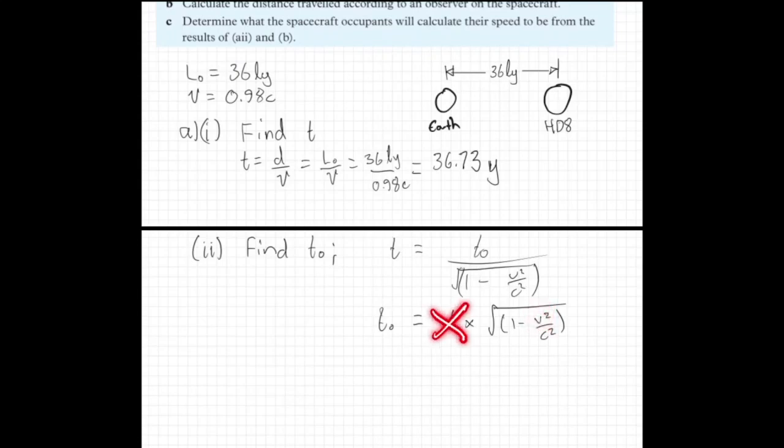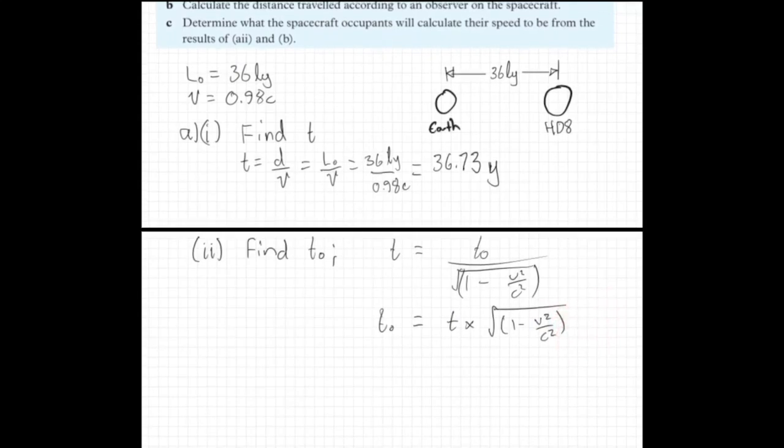You would get the wrong answer. But this is c. This becomes just a number. So the units here, meters per second and meters per second, end up canceling out. And you end up with just the units of these two. So you can just use years and you'll get your answer in years. Does that make sense? Yeah, it's kind of weird, but it does save us a bit of effort.